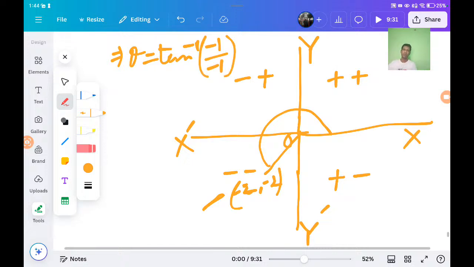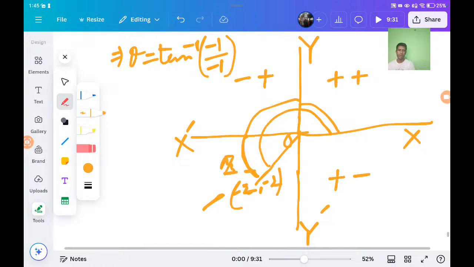So tan inverse 1, and this is coming to the third quadrant. Here this is 90 degree, this is 90 degree, finally pi, and this is 45 degree. That means this point is pi by 4.